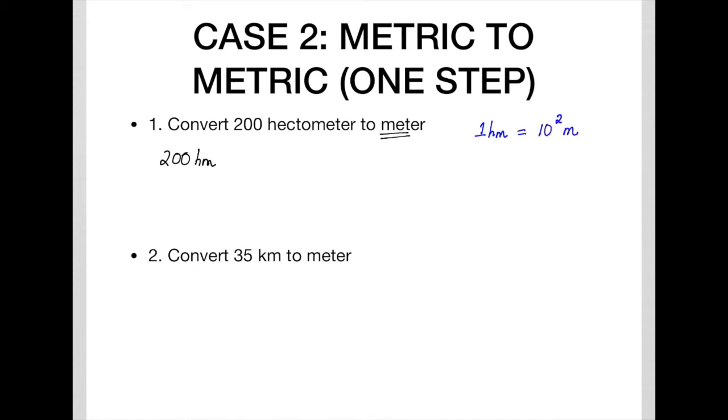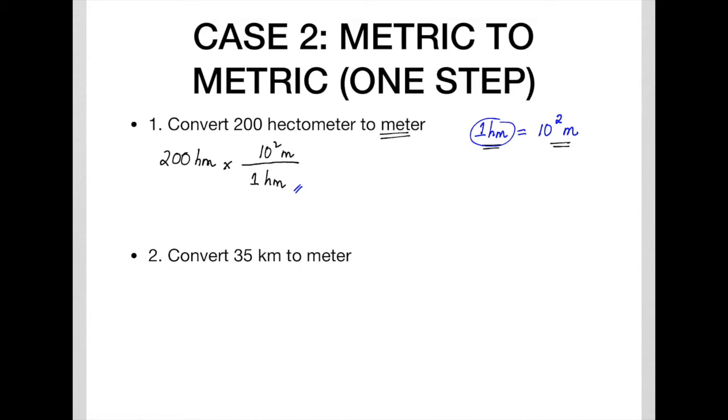Now I can convert it by multiplying. Which one will I put below and which one on top? My goal is to cancel this hectometer. In order to cancel that hectometer, I will write 1 hectometer here, and 10 raised to 2 meter.